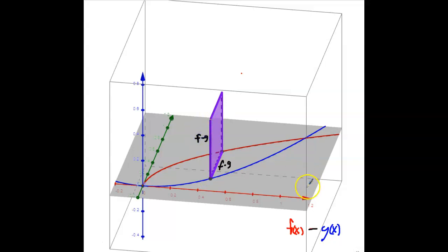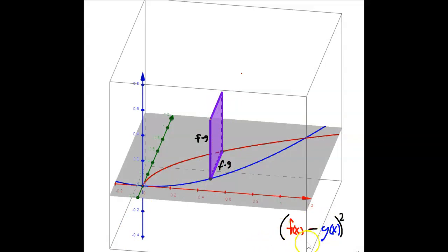And how do you find the area of a square? Don't you do base times height? So if I take the distance between my red function and my blue function, which is f of x minus g of x, and then I square it or multiply it by itself, that tells me the area of a square whose base is equal to that distance. And we can move that around.